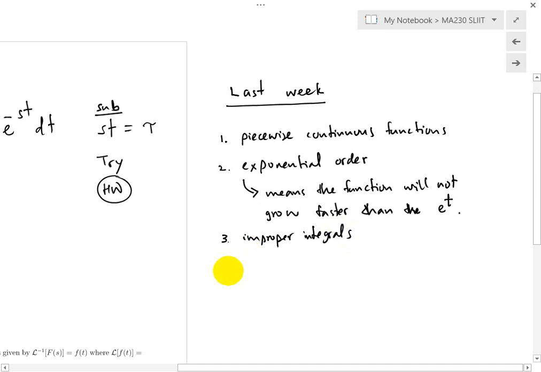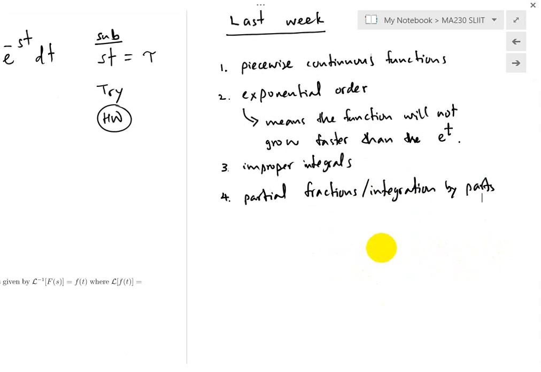Then, I think I did not review it, but because we have done this in school, something useful here is partial fractions, and of course integration by parts. Once you have a good idea about these things, then we can define what we call the Laplace transform.